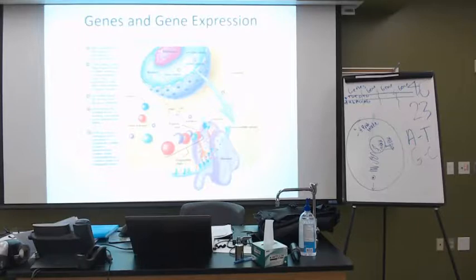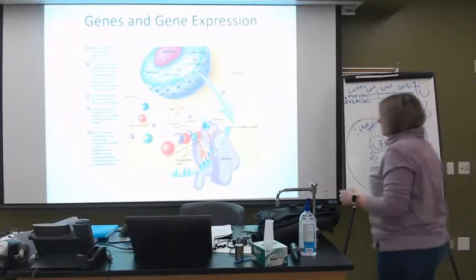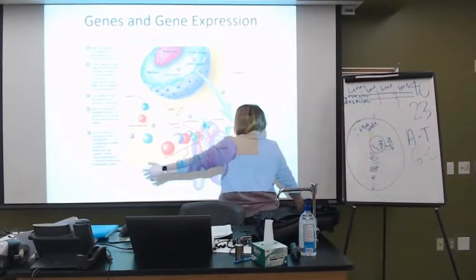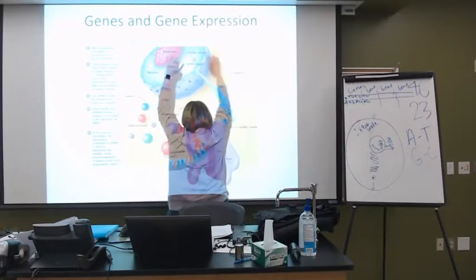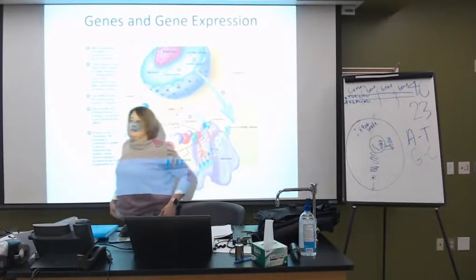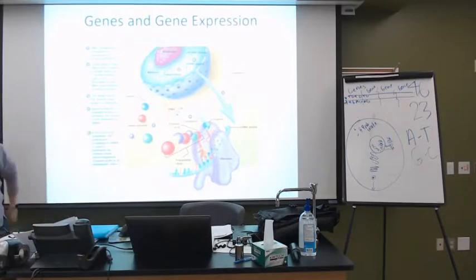For example, if I drew a circle around this representing my plasma membrane, let's say that messenger RNA strand was coding for the cell to make a channel protein.